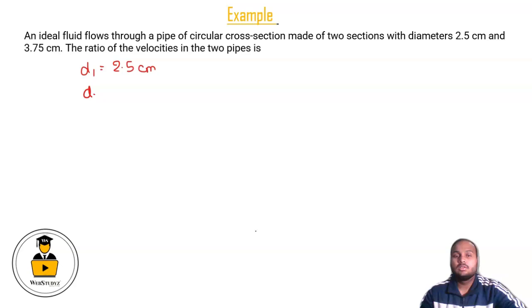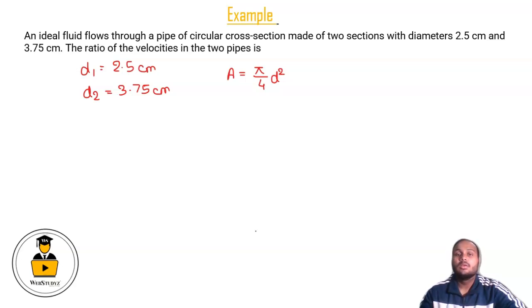Second we have is d2, which is 3.75 centimeter. From here we can calculate the cross sectional areas also. So cross sectional areas will be basically, if we have diameter, then we do pi by 4 d square, and in case of radius we do pi r square.